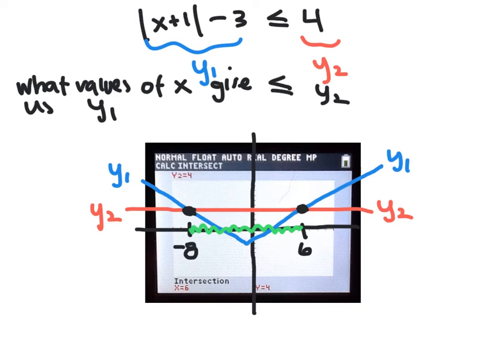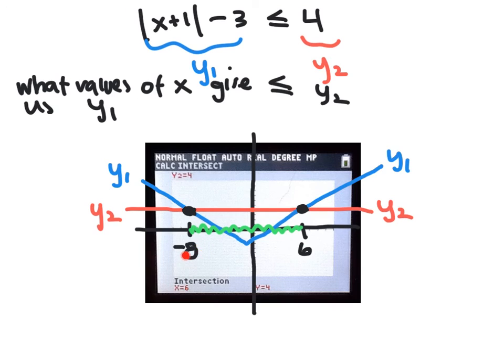And I think this is our solution, but we just want to check the last region just in case. So all the x values from 6 to infinity, notice that they give us y1 values greater than y2 values. So these are not our solutions. So I've just written the solution in a one-dimensional case on this number line.